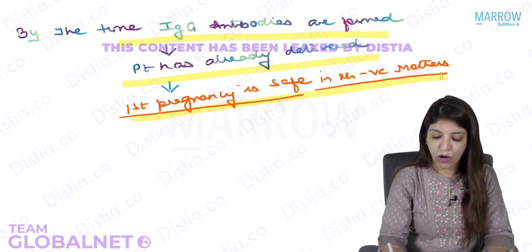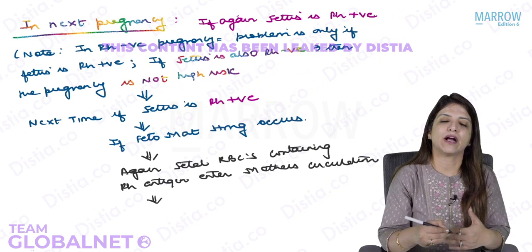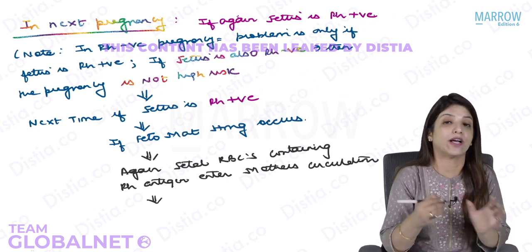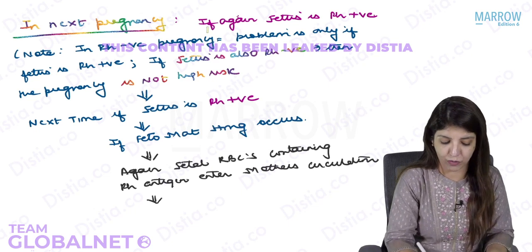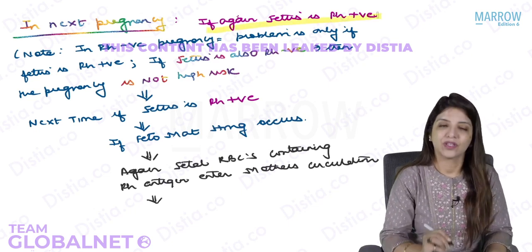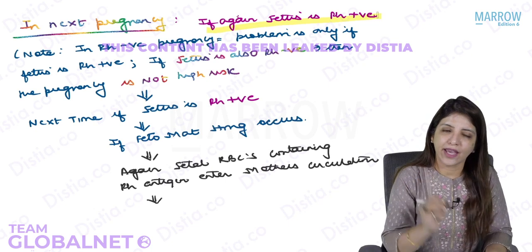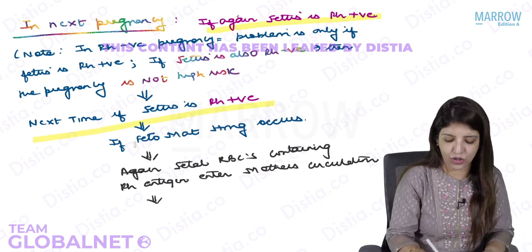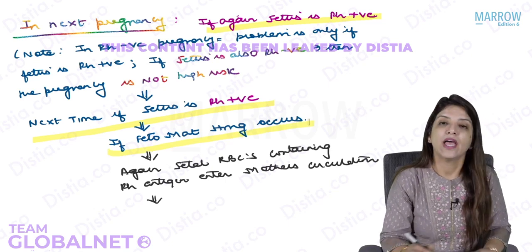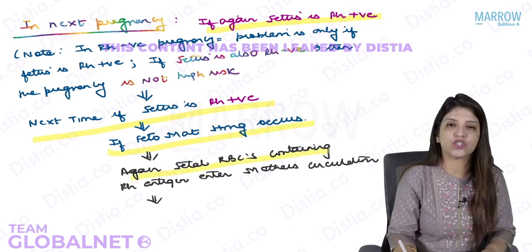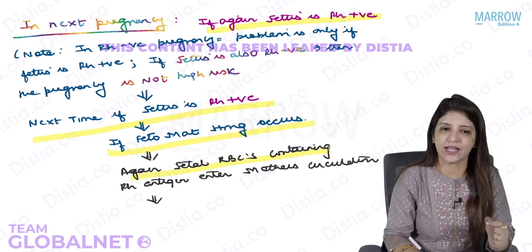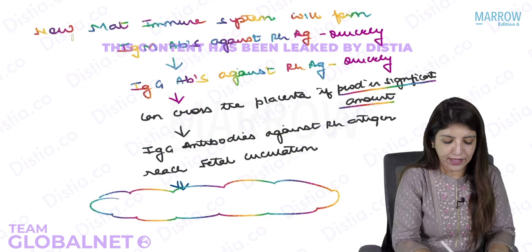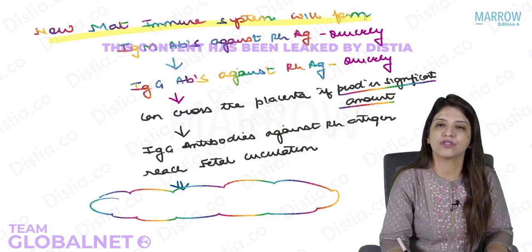Now imagine this female becoming pregnant again. In the next pregnancy, if again her fetus is Rh positive and suppose again feto-maternal hemorrhage occurs, again fetal RBCs containing the Rh antigen enter the mother's circulation and again stimulate the mother's immune system.